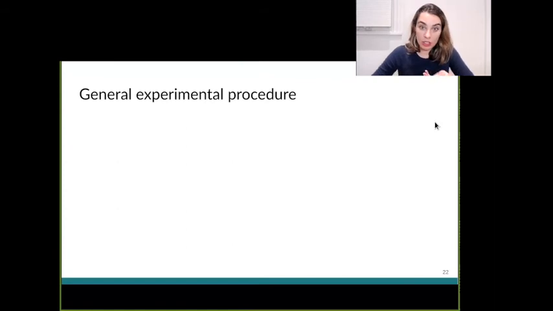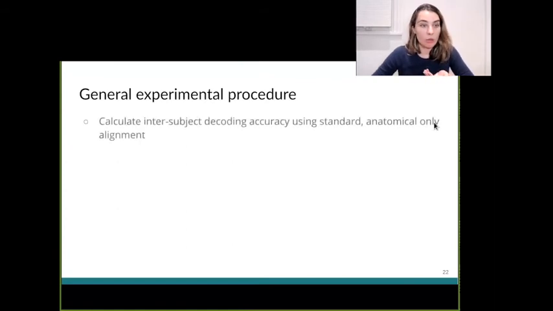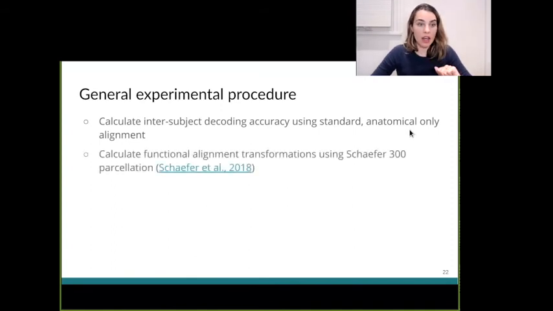So our general experimental procedure will be, first, we calculate our baseline. We calculate our inter-subject decoding accuracy using standard anatomical-only alignment. So there's no functional alignment here. We're just using current field-standard methods. Then we'll calculate each of our functional alignment transformations, for example, piecewise Procrustes or SRM.